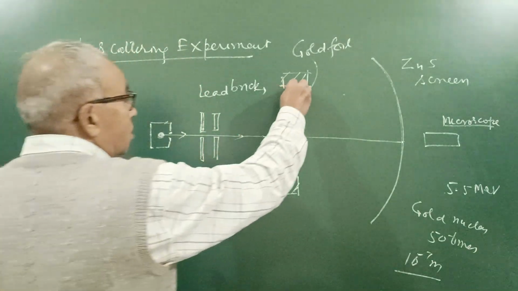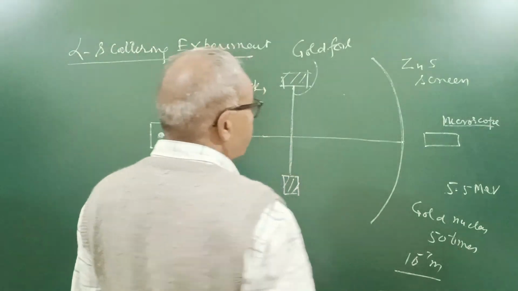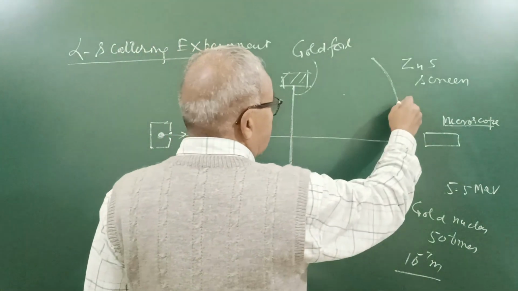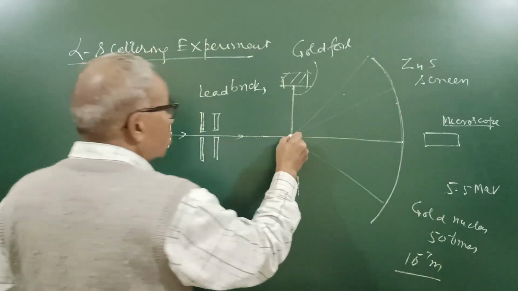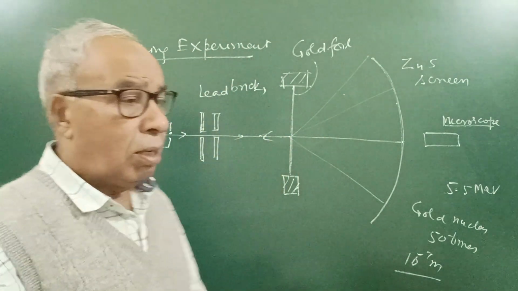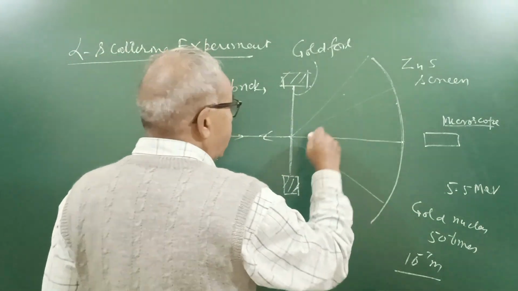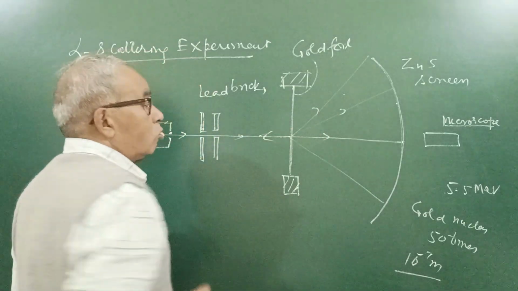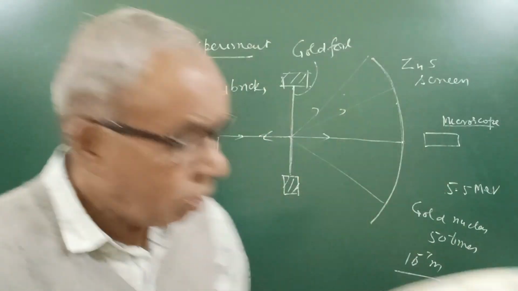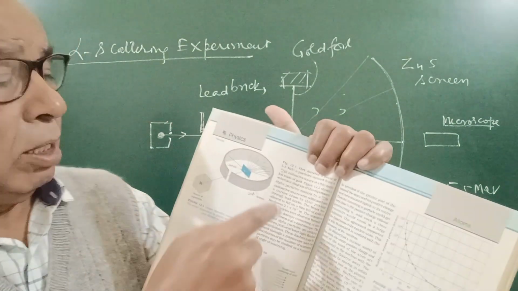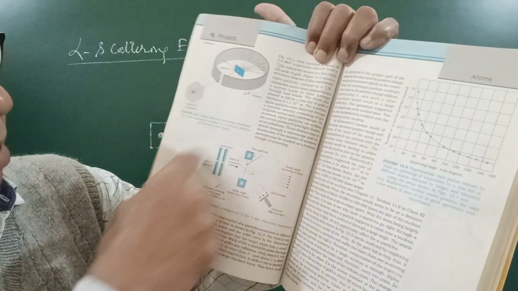So when this was placed here, alpha particles were scattered. Scintillations were obtained this way, and they were also found to be scattered back. There is one diagram here in this NCERT book. You can see this diagram.